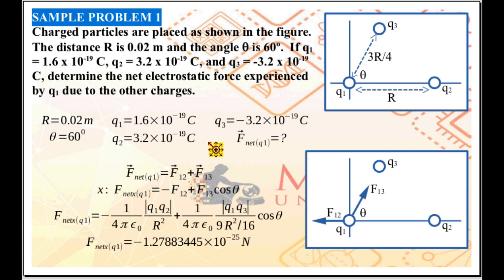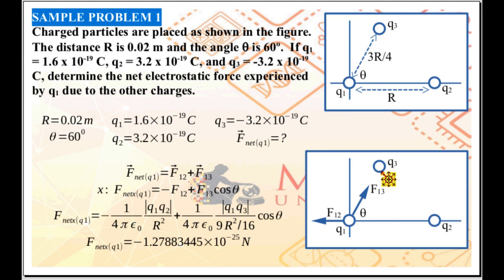Q1 is positive, Q2 is positive, positive, positive, repulsion. Similar charges will repel each other, meaning Q1 will be pushed away from Q2. You have force F1,2. Q1 is positive, Q3 is negative.